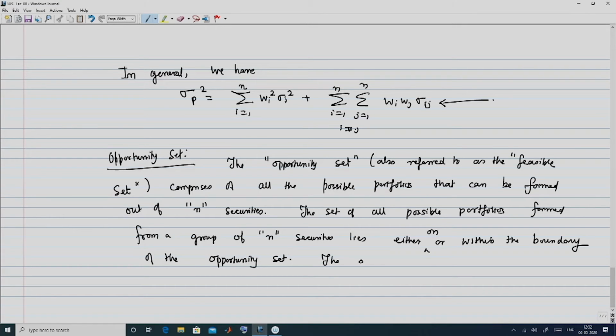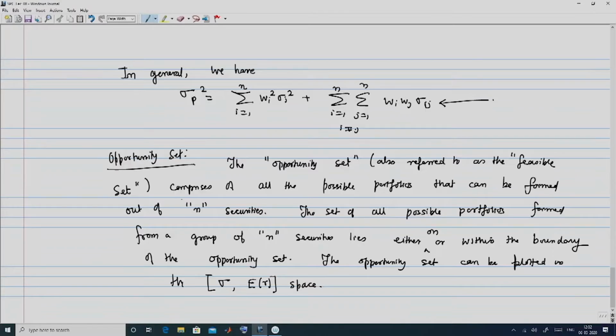The opportunity set can be plotted in the sigma ER space.